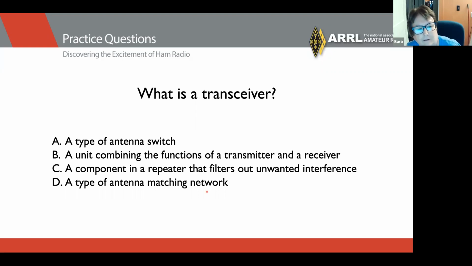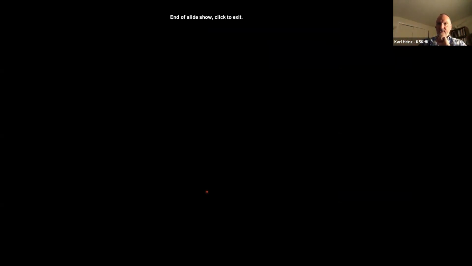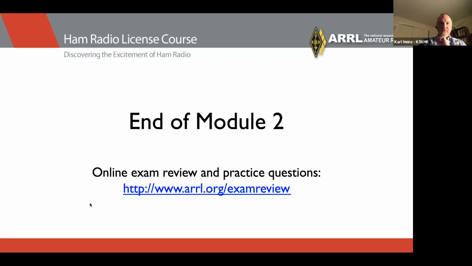B, a unit combining the functions of a transmitter and a receiver. Yes, so we're taking the trans from transmitter and the receiver from receiver. So it's that unit that has both in one box. And that is it for the questions of module 2. So I think there was 25 questions or so.